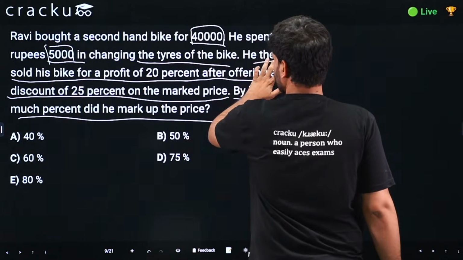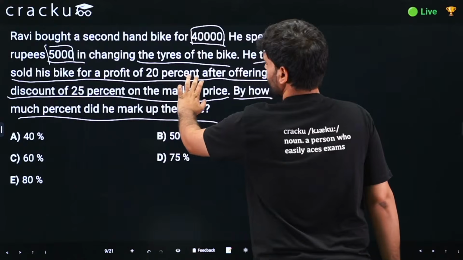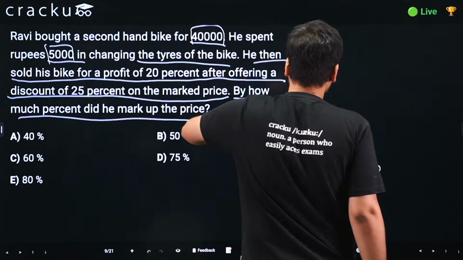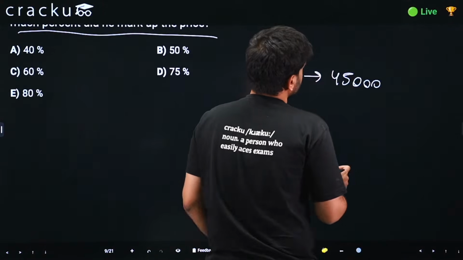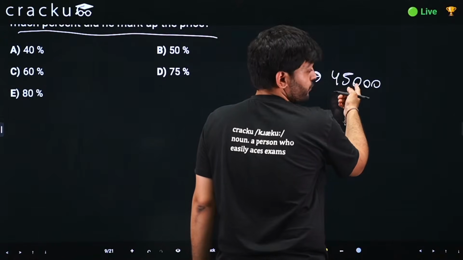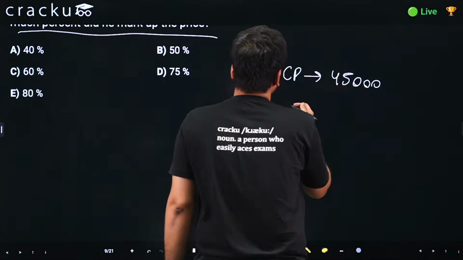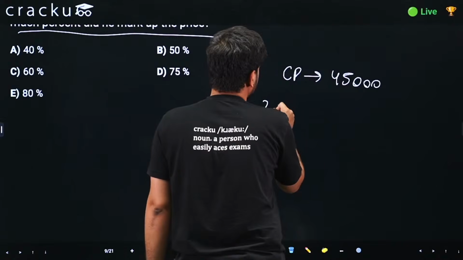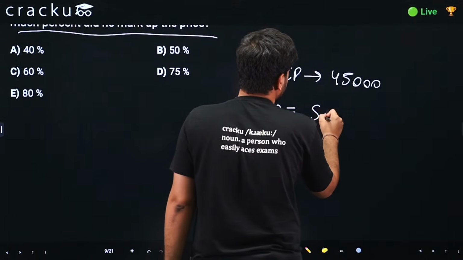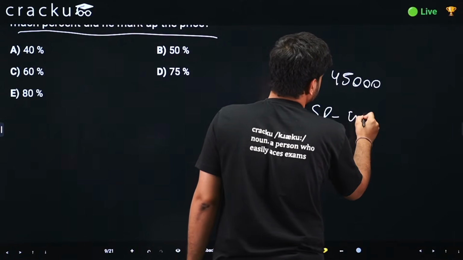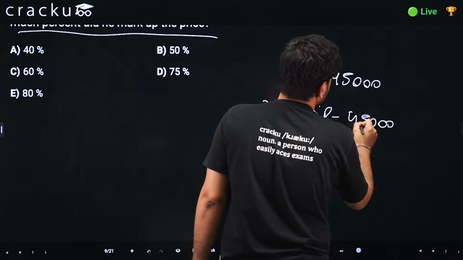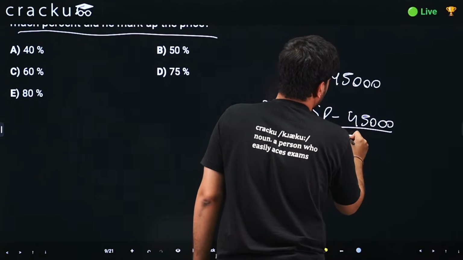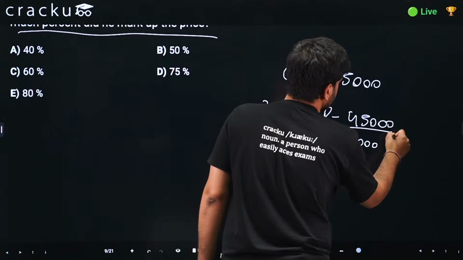So we are given that he sold his bike for a profit of 20%. So we can write profit 20 equals SP minus 45,000 upon 45,000 into 100.